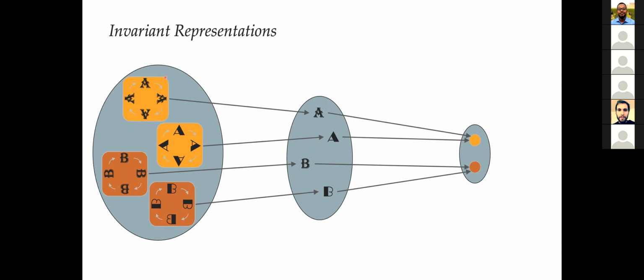And clearly, if we know that this is a symmetry of the label function, then it would be nice if we can form some invariant representation where each of the rotated versions of the same letter is represented by one kind of feature vector. Then our problem becomes easier. You can see here we only have 4 points in our space, whereas here we have 4 times 4 points. So the learning problem should become easier if we have an invariant representation.